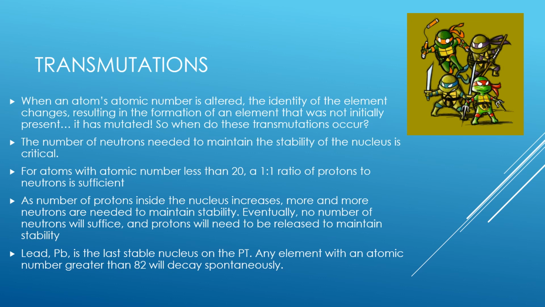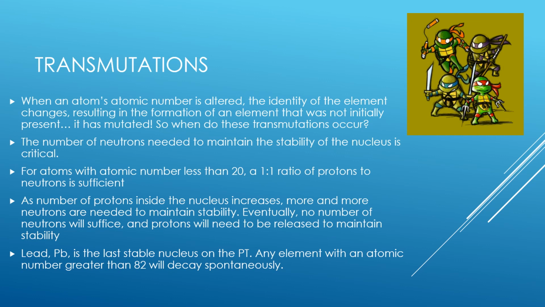No number of neutrons are going to be capable of maintaining stability. So in this case, my nucleus is going to start to get rid of some of those positive charges in order to maintain stability. This is when it emits radiation and it mutates into a different atom that was not there before.